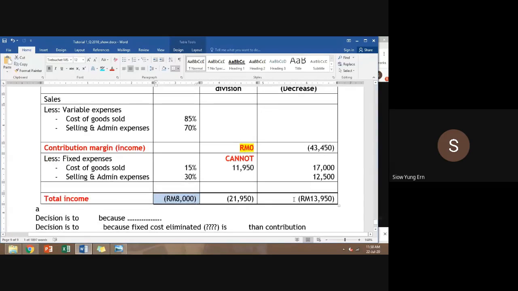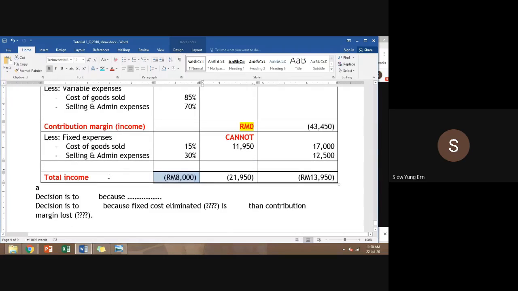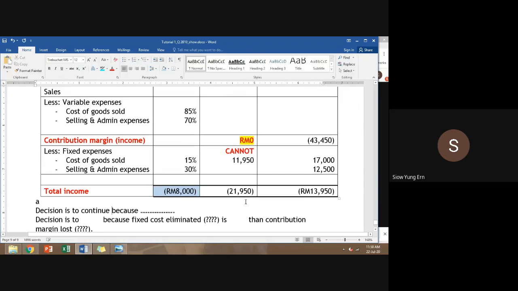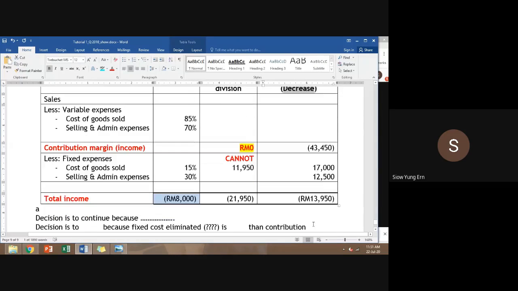So, class, remember, if it is negative, we take the first decision, the original one. If it is positive, then only we take the new decision, the second decision. So the decision is to continue because you use the title, net income. Since it is negative, you use decrease. Net income decrease 13,950.